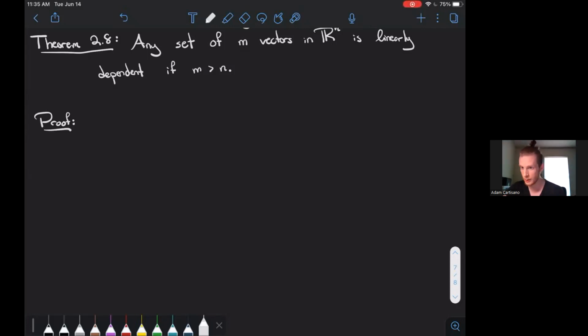The very first thing I do is count the number of vectors, because any set of m vectors in Rn is linearly dependent if m is greater than n. In other words, any four vectors in R3 are dependent.